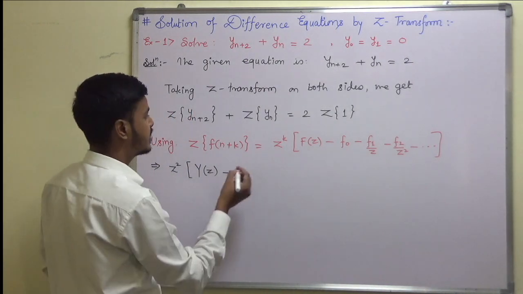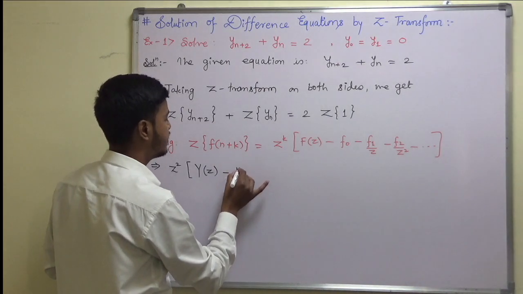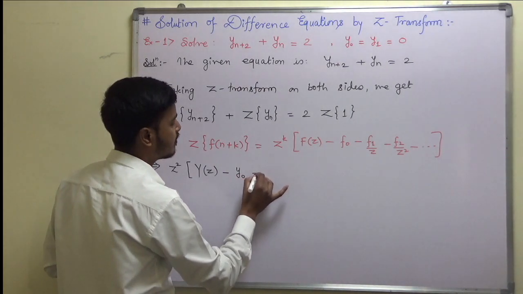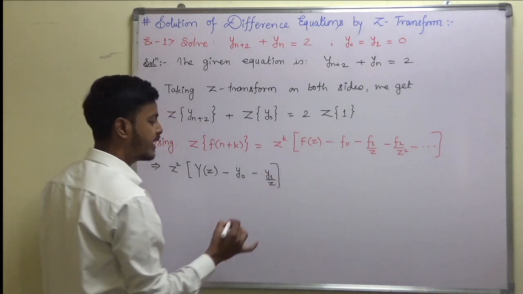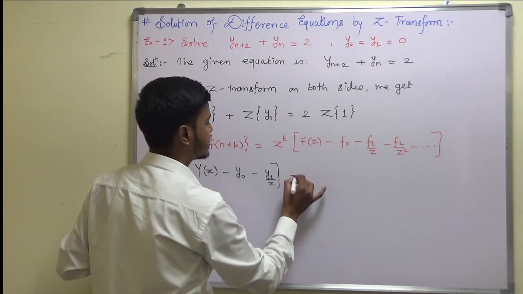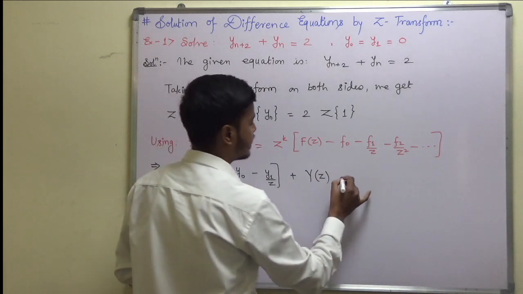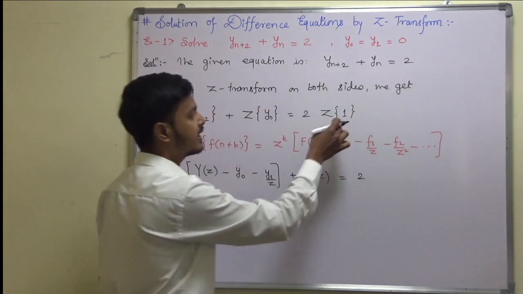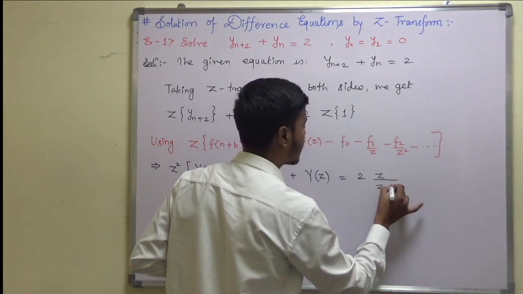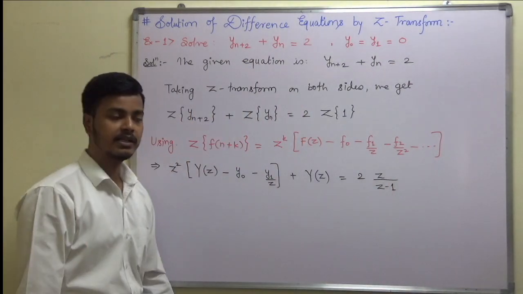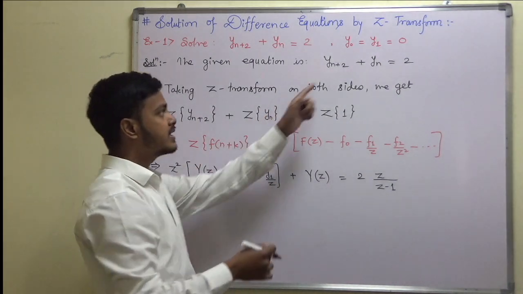So here I am taking y0 minus y1 by z. Now plus Z transform of y n is y of z, and this is 2 times Z transform of 1, which is z upon z minus 1. Simple.